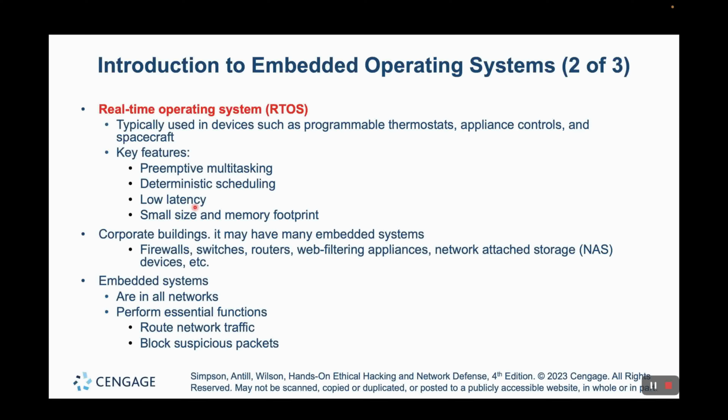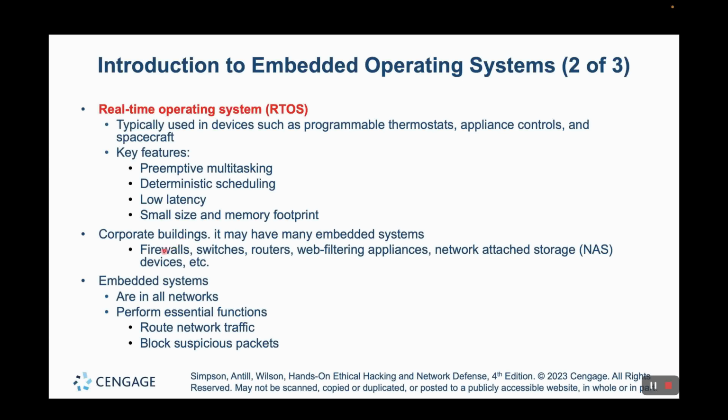Low latency means it responds to events quickly, which is also important for real-time applications where the system must respond to events in real time. Obviously, you could see that it has a small size and memory footprint, which makes it efficient, and it can be used in constrained-resource embedded systems.